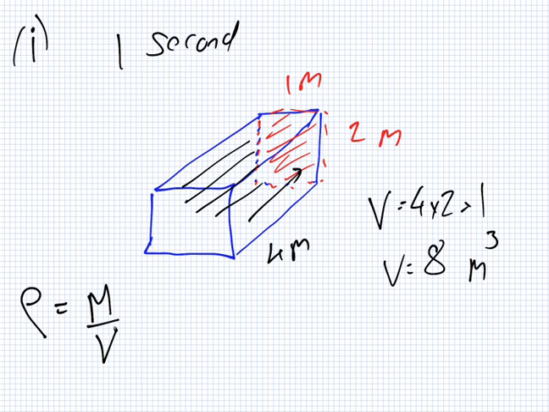Do you remember that? So that means mass equals density multiplied by volume. And they give you the density. They tell you it's 1.4. So we multiply this by 8, and then what do we get? 11.2. Right.